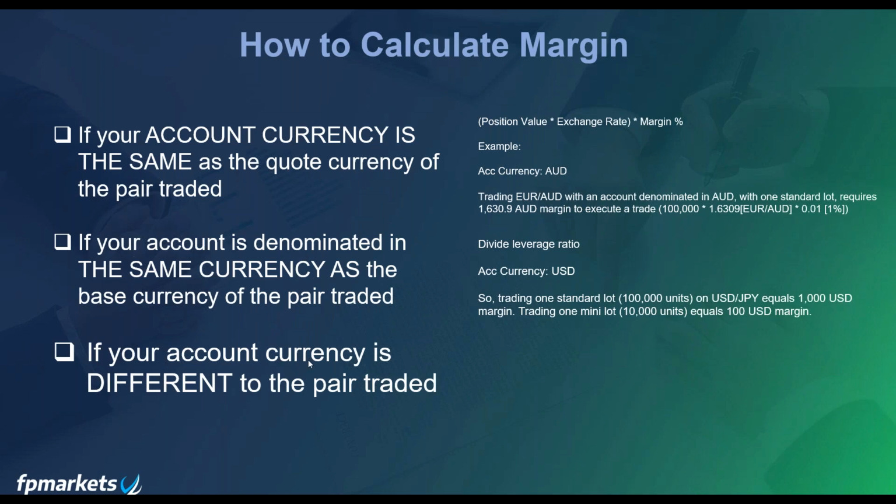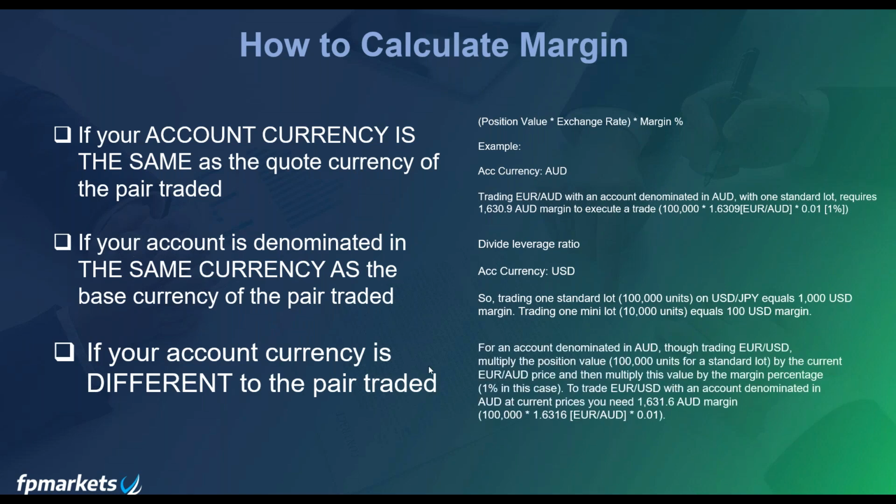And finally, if your account currency is different to the currency pair traded, for an account denominated in Aussie dollars trading euro dollar, for example, we simply multiply the position value, 100,000 units for a standard lot in this case, by the current euro Aussie dollar price.